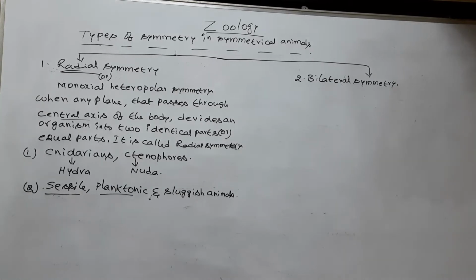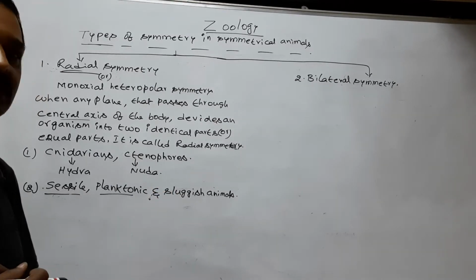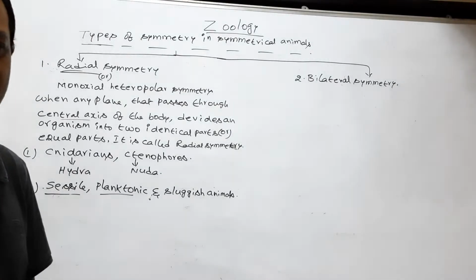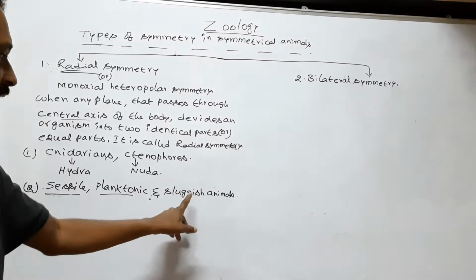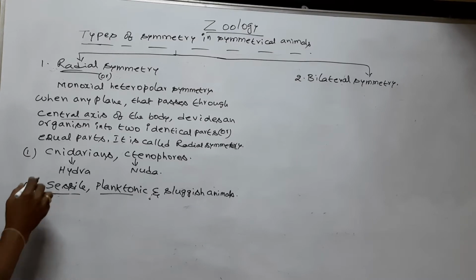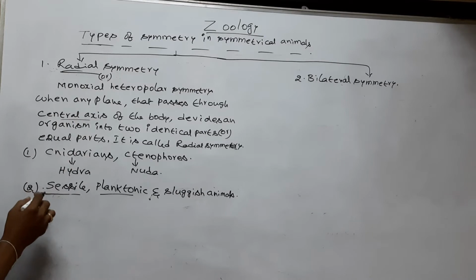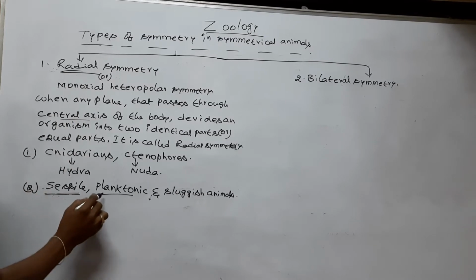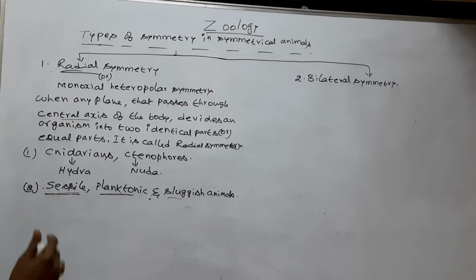Simply, sluggish animals are lazy animals. So the animals which exhibit radial symmetry are sessile, planktonic and sluggish animals.